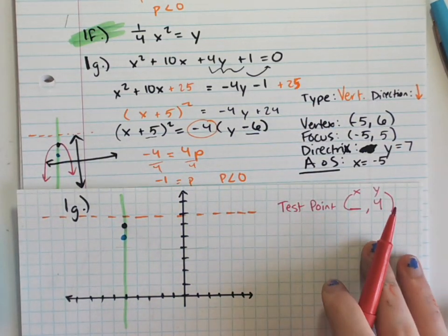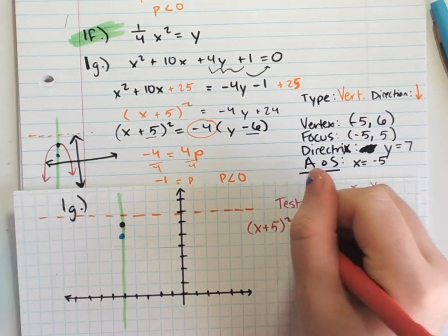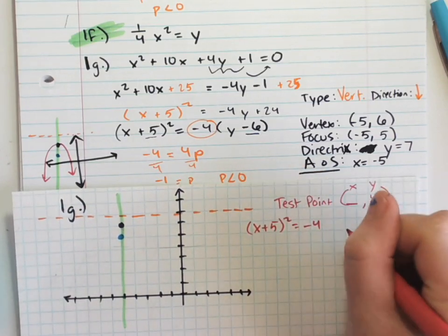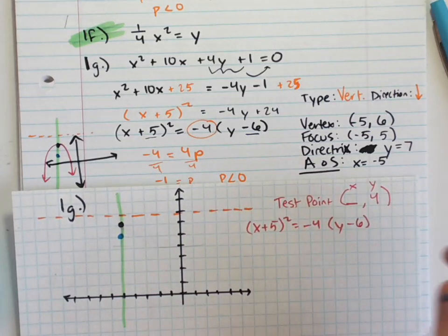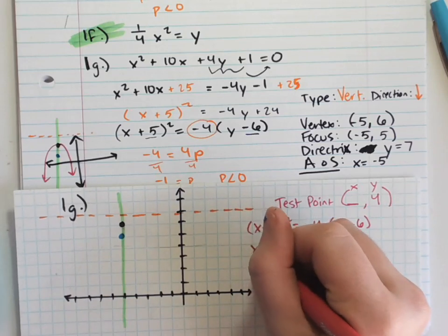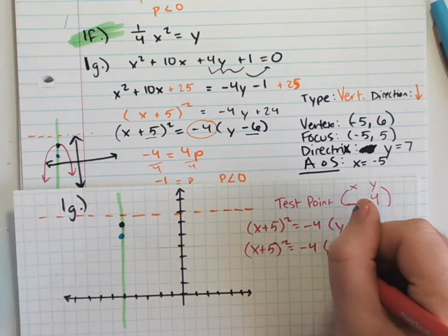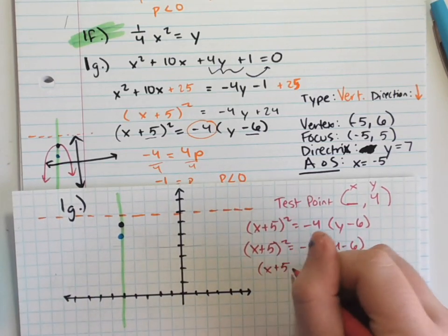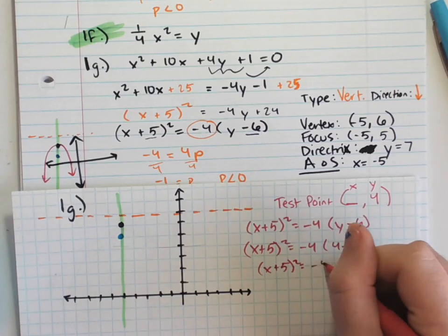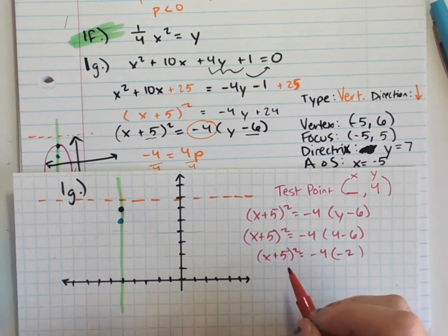Okay, so my equation was x plus 5 squared equals -4 times y minus 6. So I'm going to plug in 4 wherever I see a y. Four minus 6 is -2.